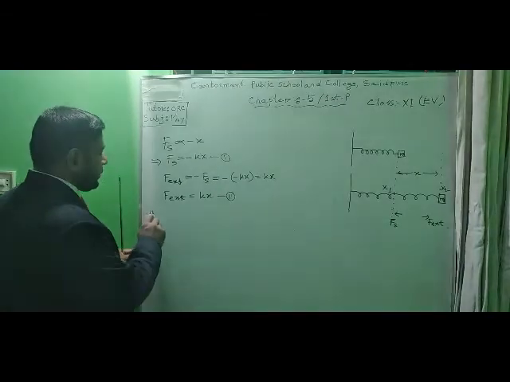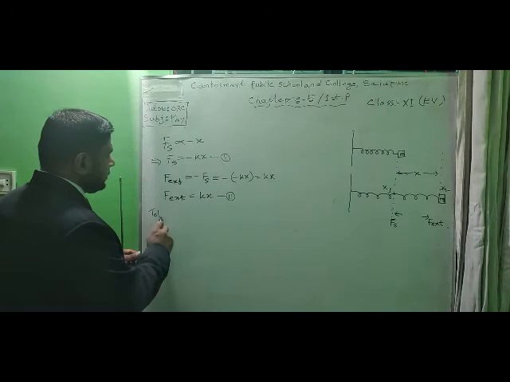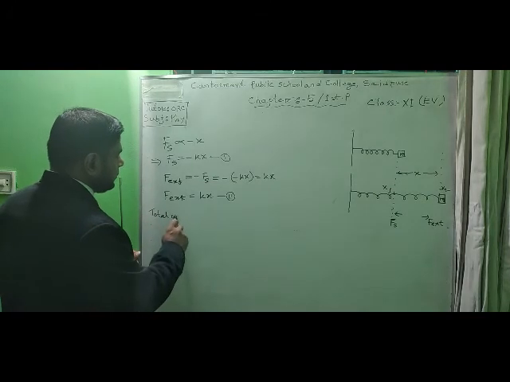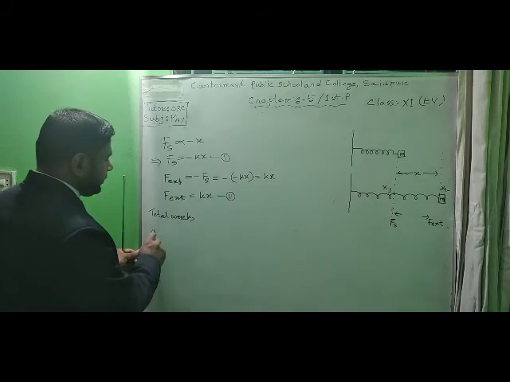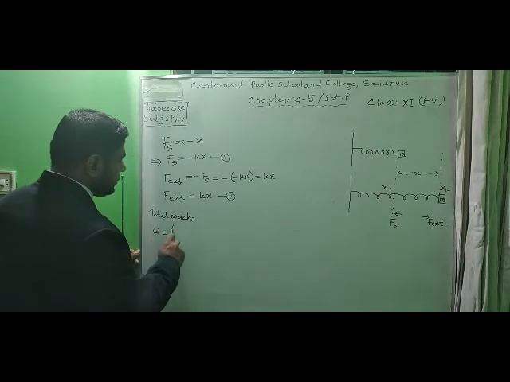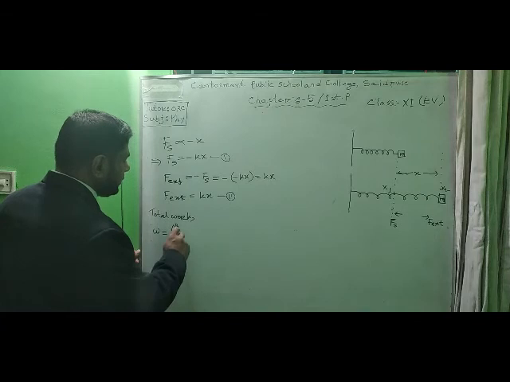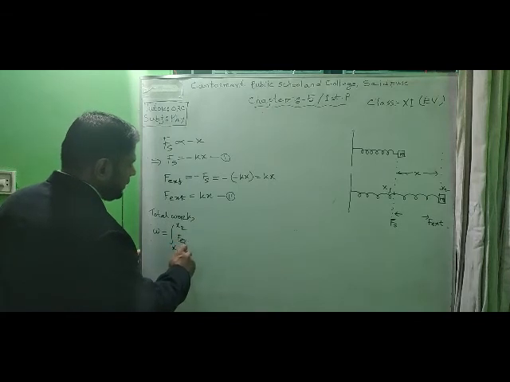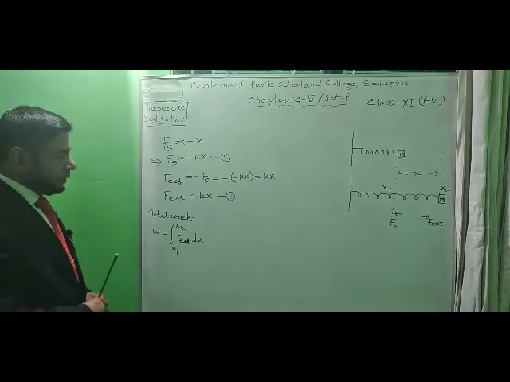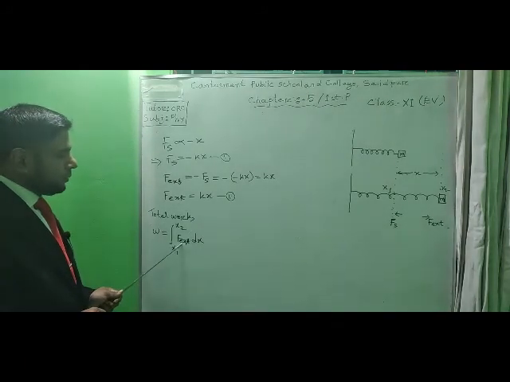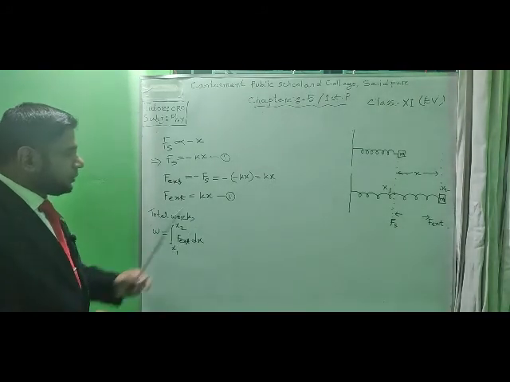Now the total work: suppose W equals the integral from x1 to x2 of F external dx. Now let us put the value of the external force from equation 2.